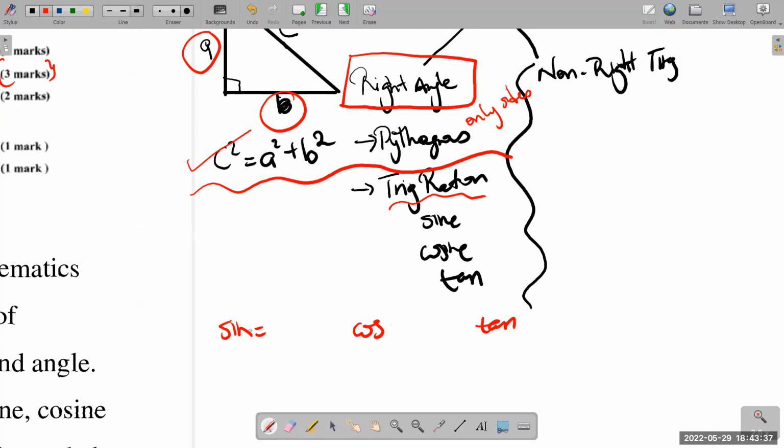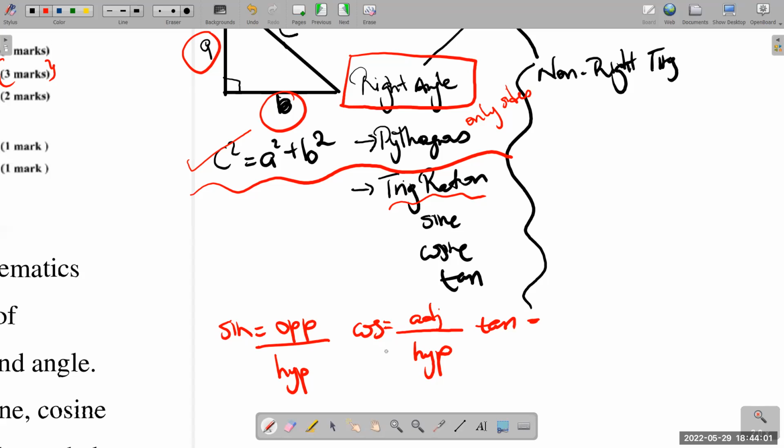Who is always at the bottom for sine and cos? The hypotenuse. And when it comes to sine, who is at the top? Opposite.